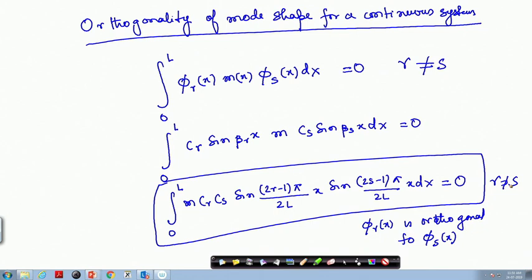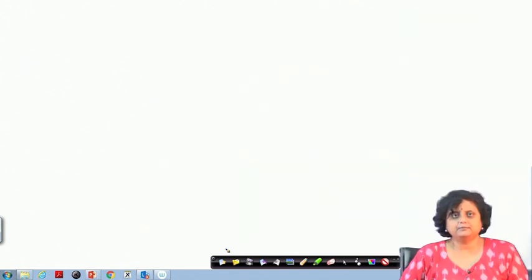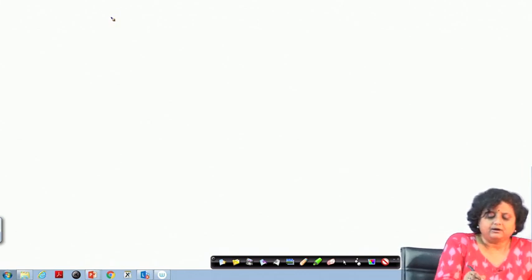Now, once we have talked about orthogonality, let us find the mass normalized mode shape of a continuous system. It can be found in exactly a similar way as we did for a multi-degree of freedom system.